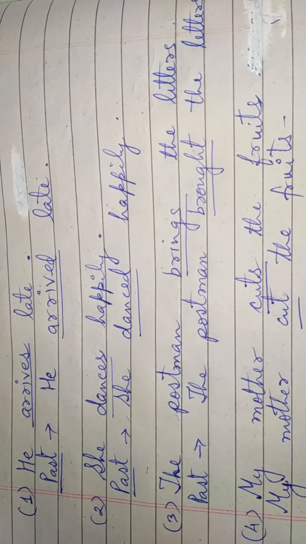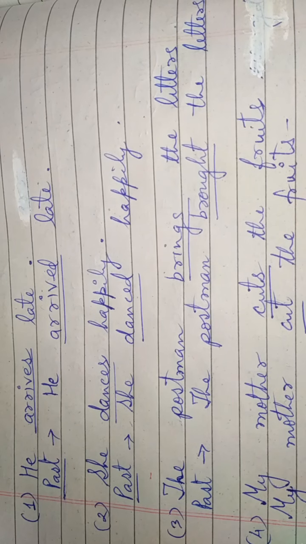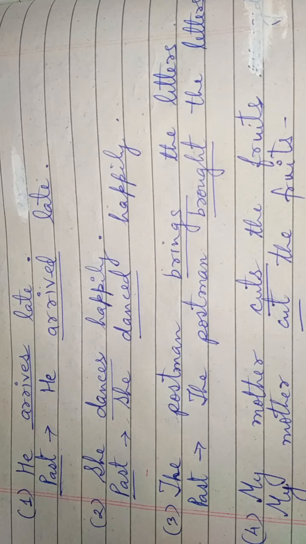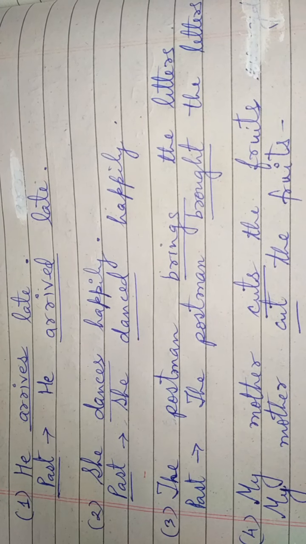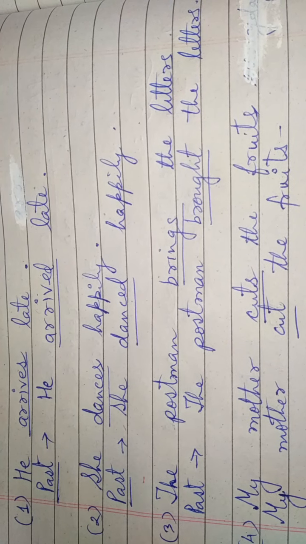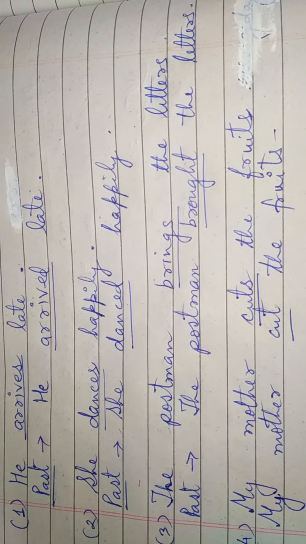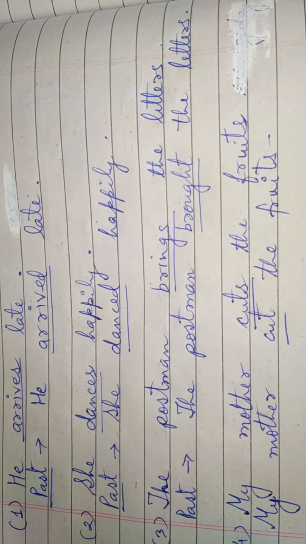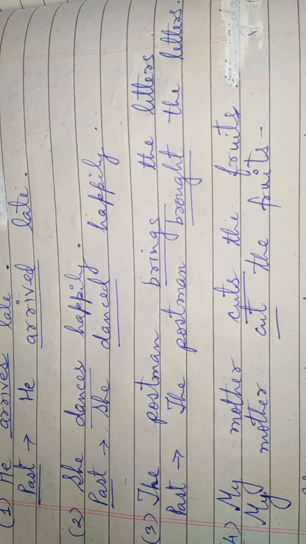Remember one thing here, that the verb which ends in E need not have a repetition of the letter E, but only D will be added at the end of the word. So arrives, arrived.